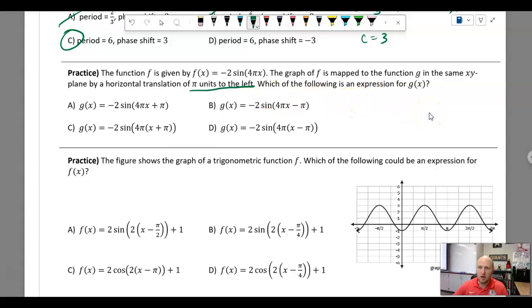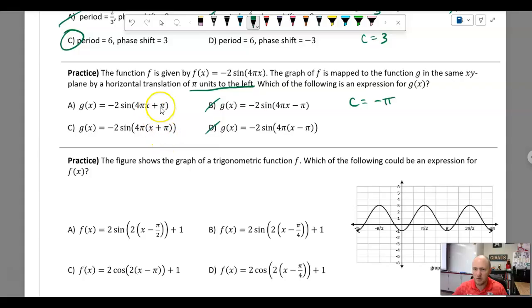Okay, first of all, pi units to the left means that your C value is equal to -pi. And so what we should see here is a plus pi. So it's not going to be B or D because these have the minus pi. It's always the opposite.